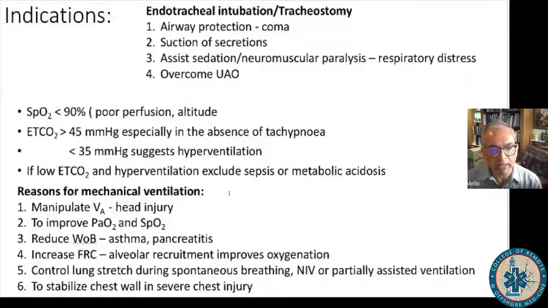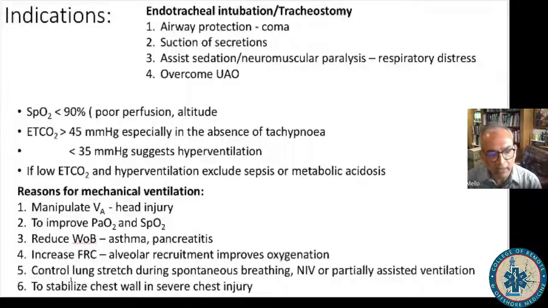So we would mechanically ventilate the patient, as in a head injury, to keep the intracranial pressure low, to improve oxygenation, to reduce the work of breathing, as in a severe asthma or in a huge response to pancreatitis, or to increase the functional residual capacity by recruiting alveoli to improve oxygenation, or to control lung stretching, spontaneously breathing, as you would do in non-invasive ventilation.